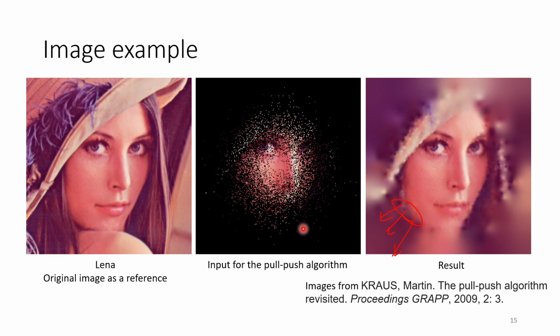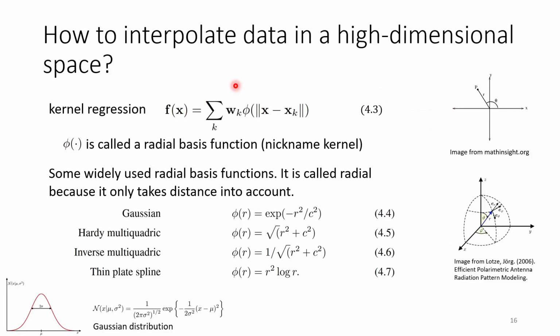And you need to find a method to interpolate the given data to the empty spaces. So this is what the authors call scattered data interpolation. Okay, now we are talking.